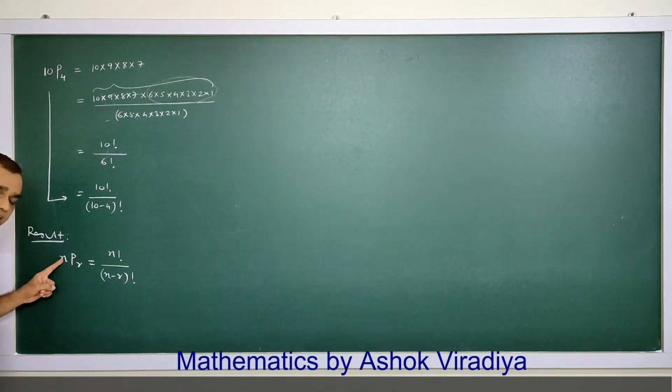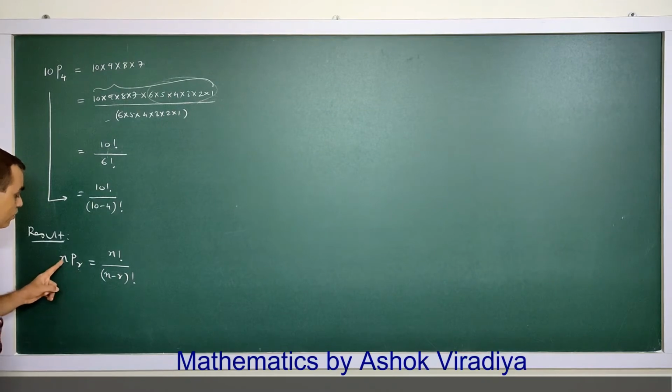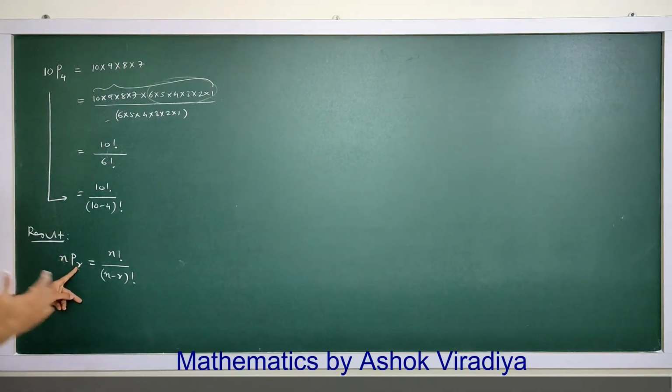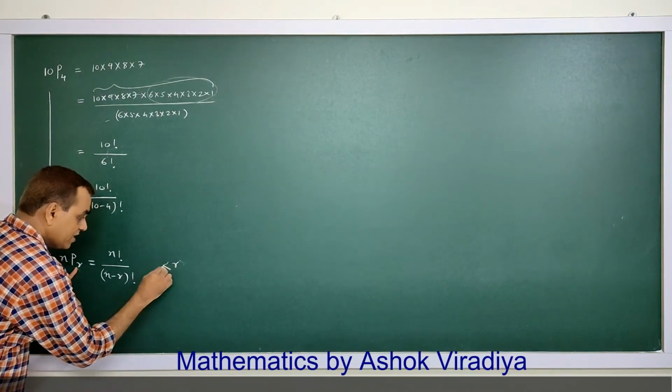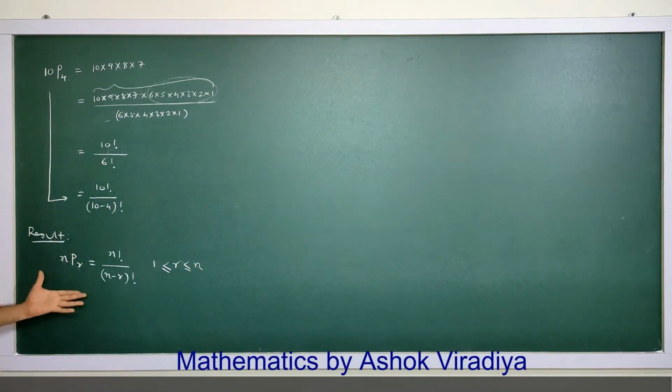This number should always be greater. n should be greater than r. It can be maximum r. It should not be less than r. Otherwise, this will be negative. So remember here, n is the total number of objects and r is the number of objects which are to be arranged. So the value of r is always more than or equal to 1, less than or equal to n.